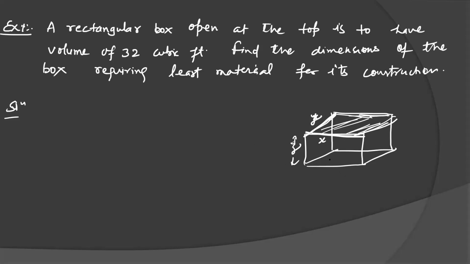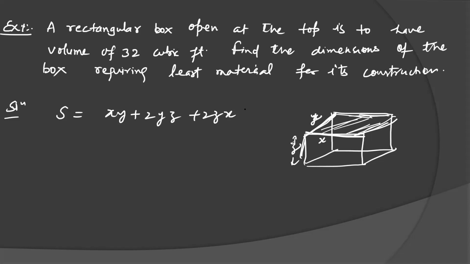So the total surface area looks like this: xy plus the other thing will be 2 times this side plus this side, 2yz plus 2zx. 2(lb plus bh plus hl) is the surface area for the cuboid.